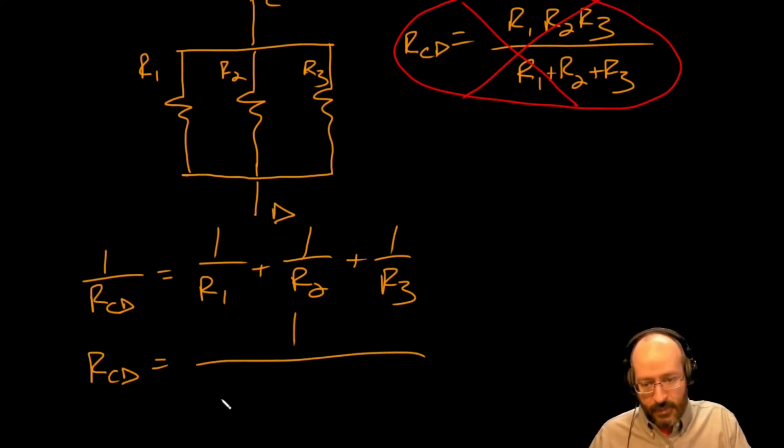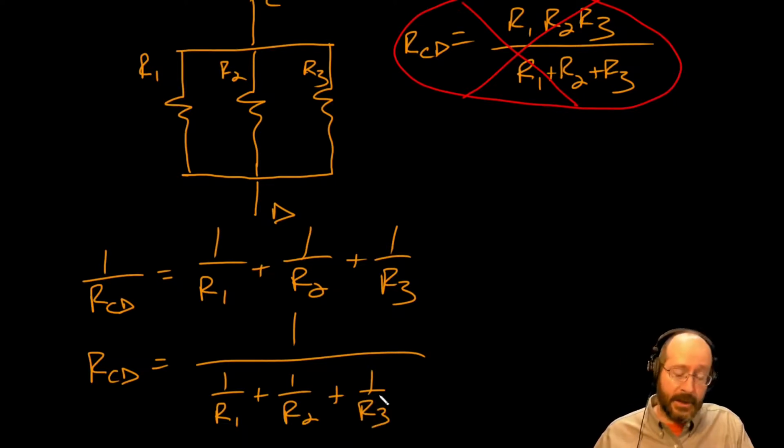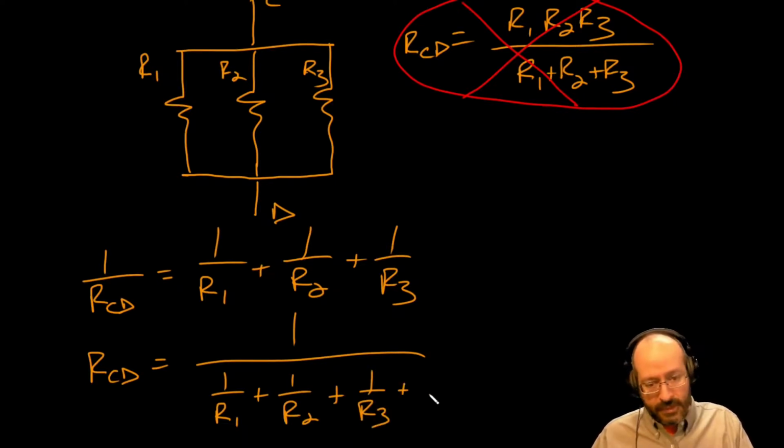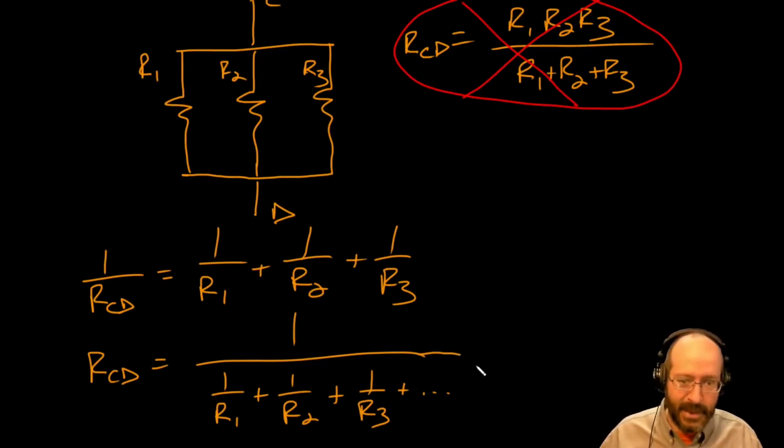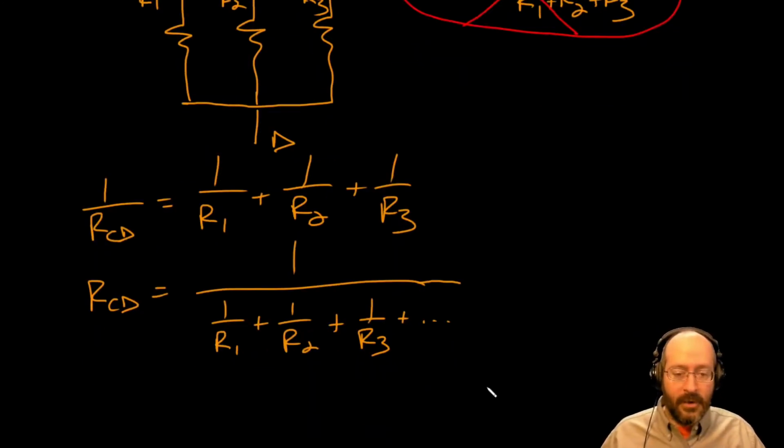And we can just say 1 over 1 over R1 plus 1 over R2 plus 1 over R3. This is mathematically okay. Don't break the rules. Okay, and that includes everything with math. If we have more, we can just tack them on to that sum in the denominator. And it kind of expands a little more nicely that way.